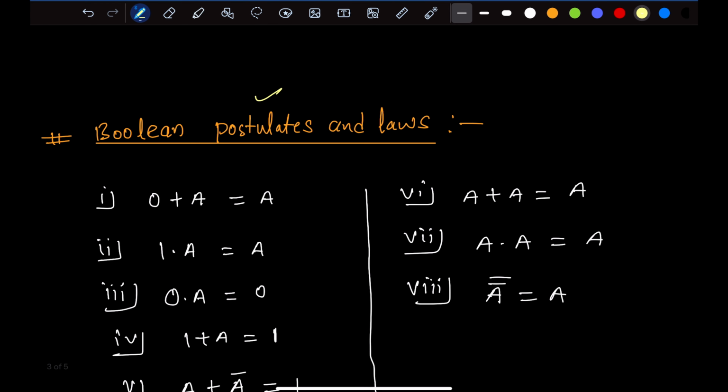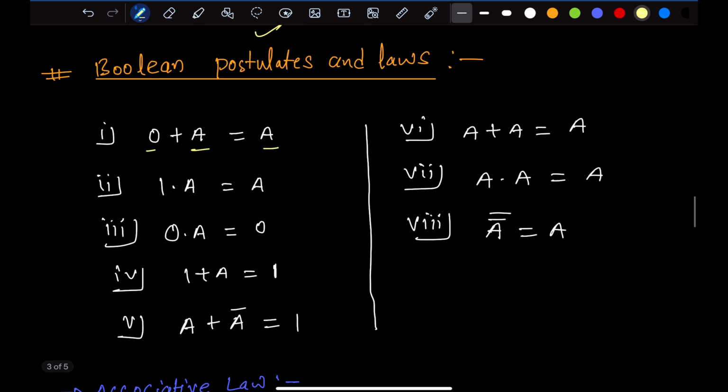So 0 plus a, something plus 0, means no input plus some input will be equal to that input. Like 0 plus 1 will be equal to 1, and then 1 multiplied by a will be equal to a, and 0 multiplied by a will be 0. All these kinds of operations we will understand in the circuits, no need to worry.